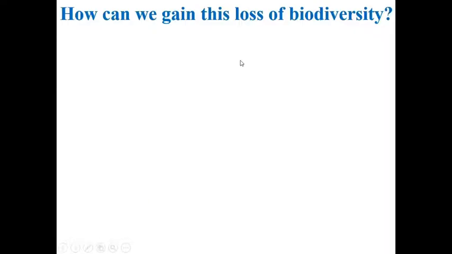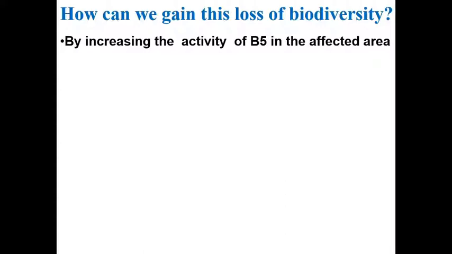How can we regain this loss of biodiversity? So we have seen the role of all these B5. Role of bees, role of butterflies, role of birds, role of bats, role of beetles, and so on. How can we regain this loss of biodiversity?